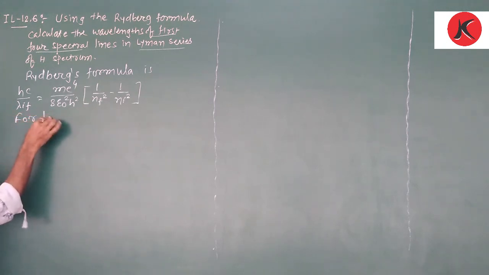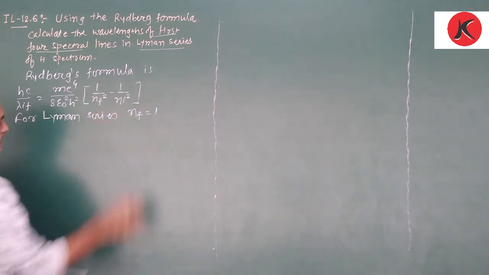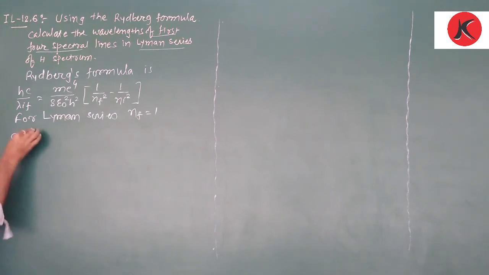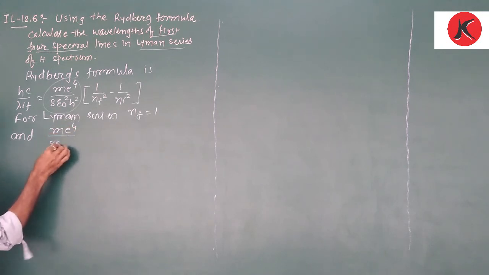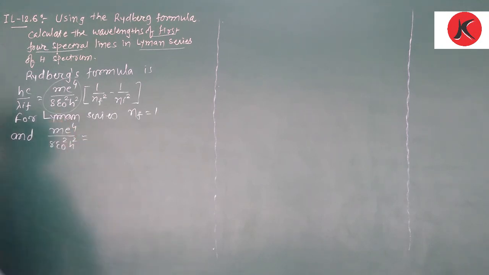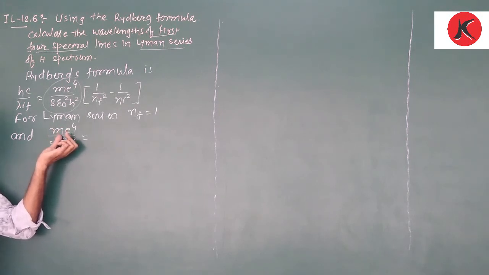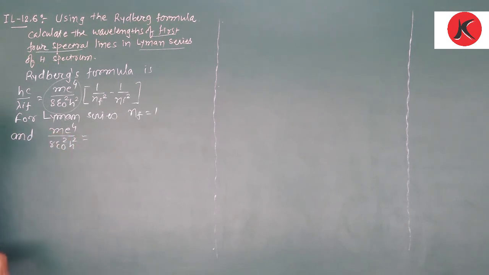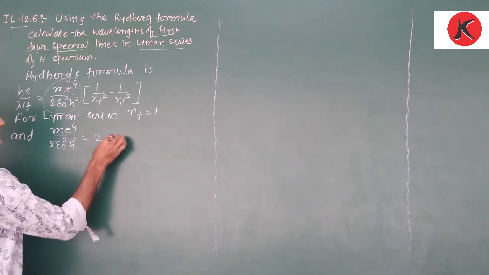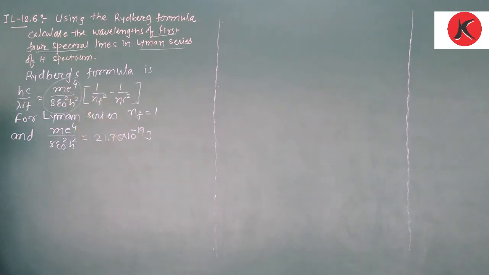The constant me^4 upon 8 epsilon 0 square h square, as we substitute the mass of electron 9.1 into 10 raised to minus 31 kg, the charge of an electron 1.6 into 10 raised to minus 19, epsilon 0 and h, we get its value as 21.76 into 10 raised to minus 19 joule. That is the value.